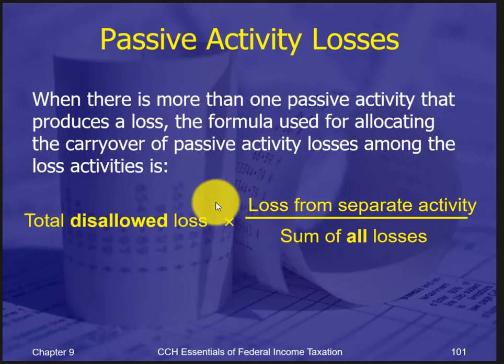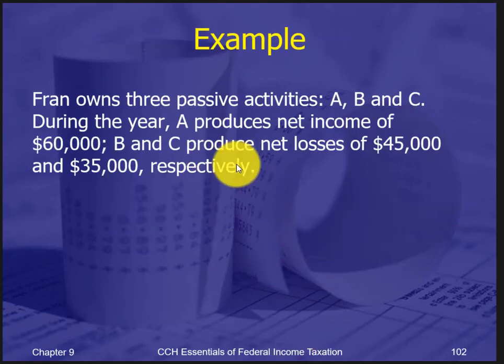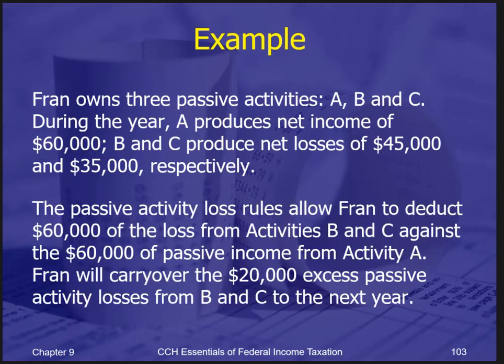So you track your losses by activity, and that's going to become important because, as we'll see in just a minute, when you sell your activities, you can deduct losses that have been carried over for several years. So example, A, B, and C, one has an income, but we have two losses that are greater. Now if these were less than 60,000, then they would just offset that and reduce it, and we would have no carryover. This is only about a carryover to the next year.